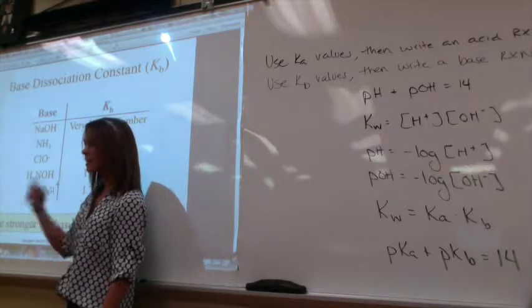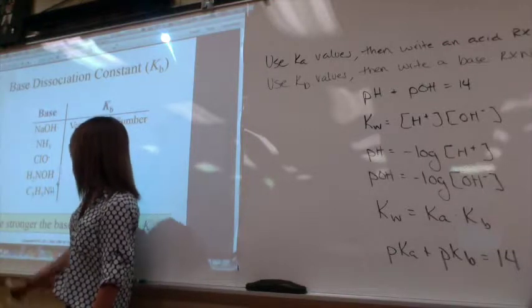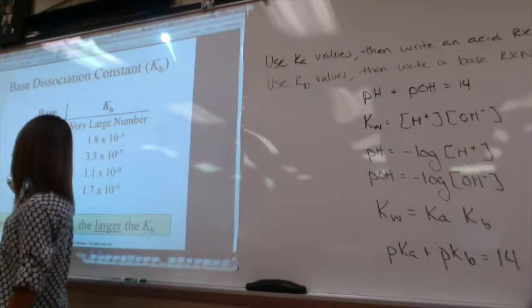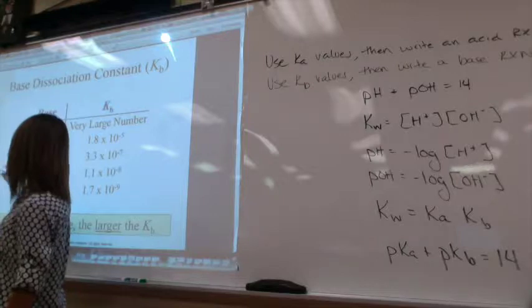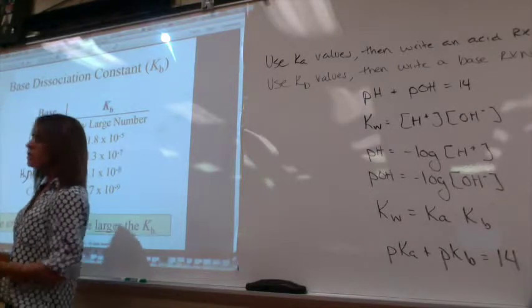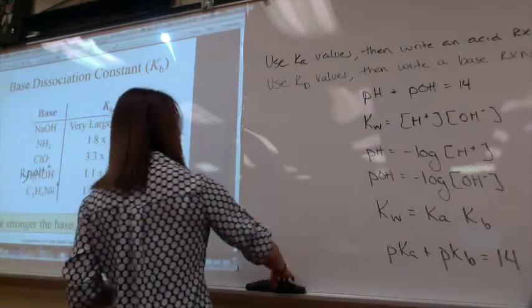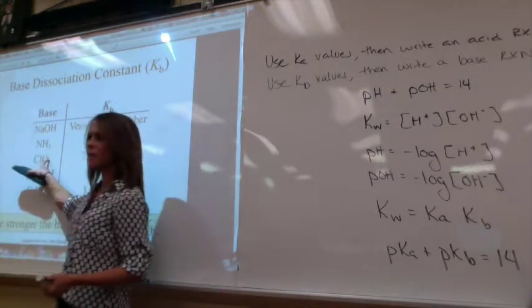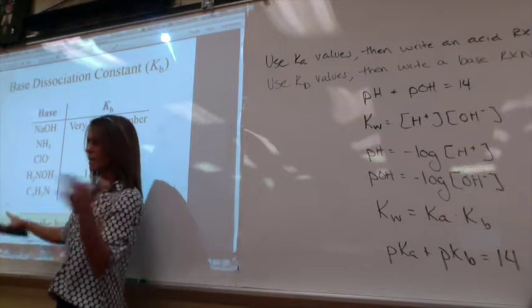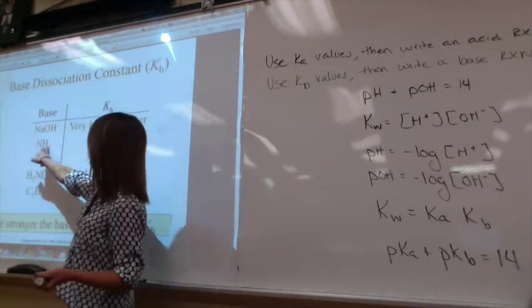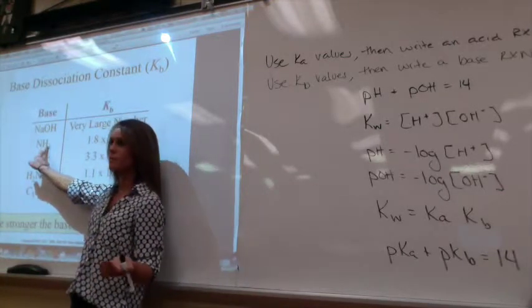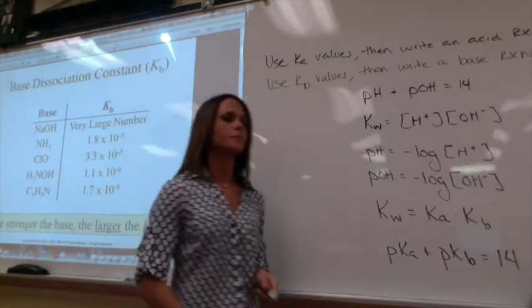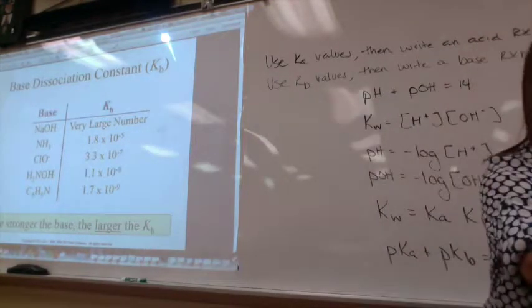It picks up an H. Like here, I probably would write H3NOH, and then put a plus sign on it. When you're adding H's, they get their plus sign. In this case, it wouldn't because it's already a negative. You would add an H+, and it would just cancel that negative. Same thing here. You add the H+, it becomes positive, so NH4+. So the stronger the base, the larger the Kb.